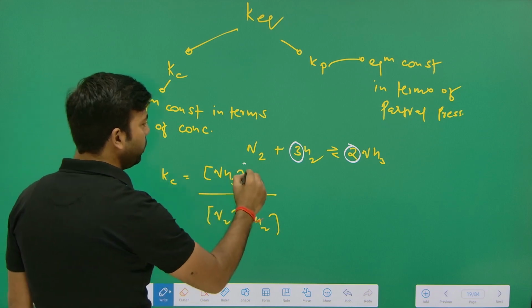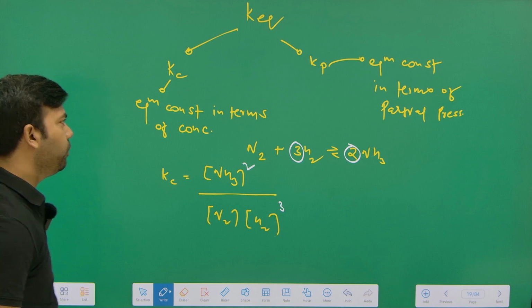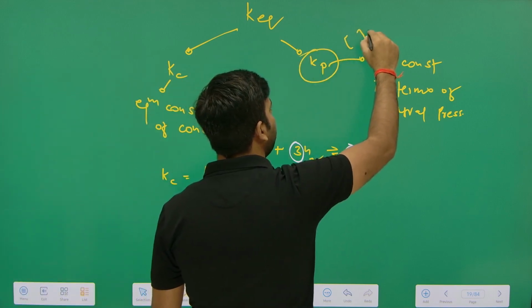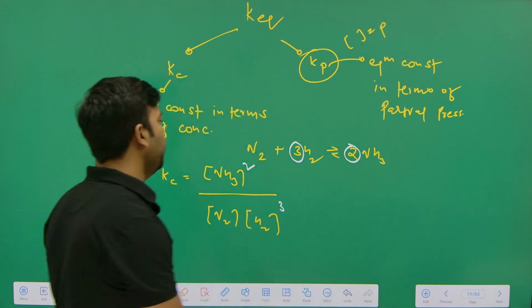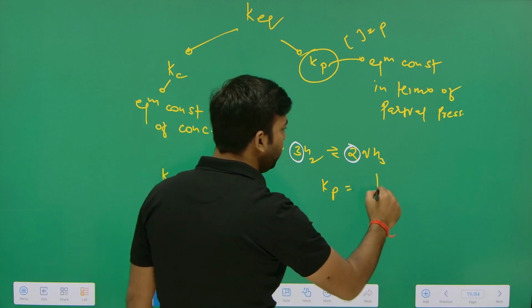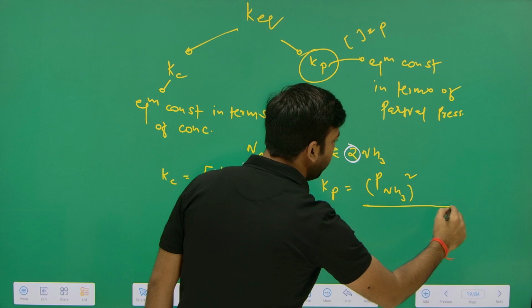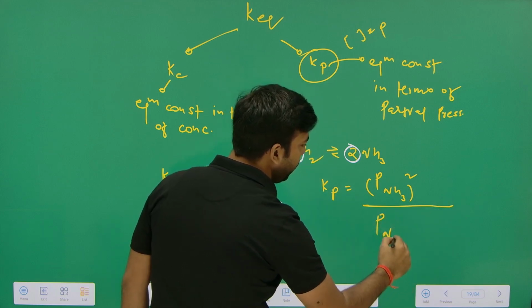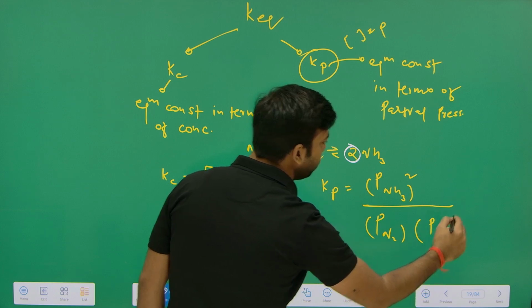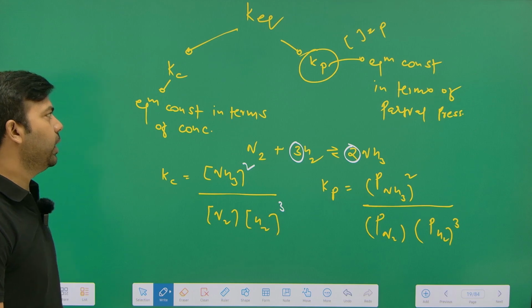So ammonia power 2 and hydrogen to the power 3. Clear? What will be Kp? You know, in expression of Kp, square bracket is replaced by capital P. Clear? So if you write down the Kp, it will be capital P ammonia power 2 divided by capital P N2 and capital P H2 power 3. Make sense? This is the way we can write down the expression of Kc and Kp.